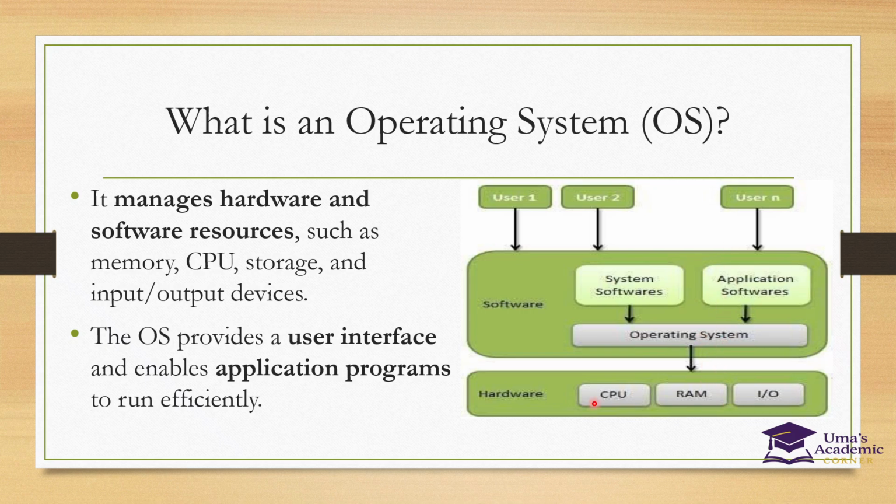The OS provides a user interface and enables application programs to run efficiently. So whatever application programs you want to execute, with the help of an operating system we can interact with the hardware parts and execute the program efficiently.